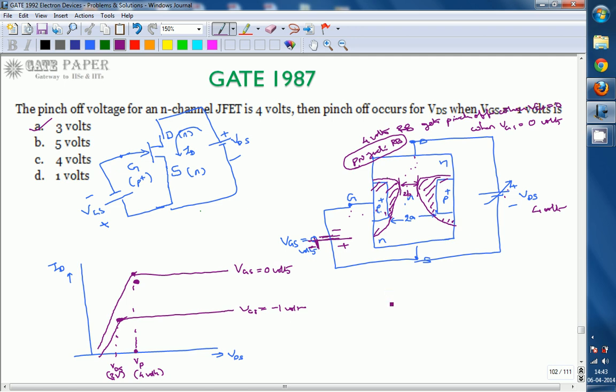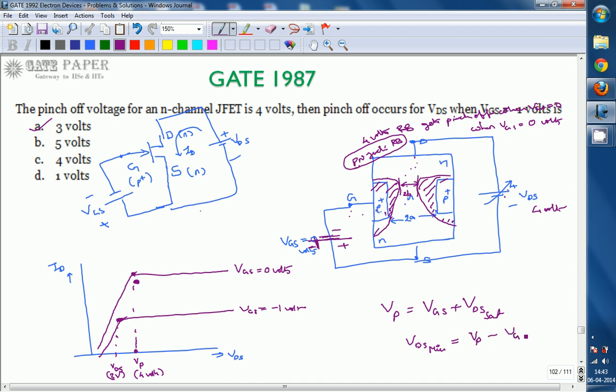We can get the relation like this: VP, the pinch off voltage, is equal to VGS plus VDS saturation. VDS saturation is the value at which the drain current becomes saturated, that is, becomes constant. So this is the minimum possible, so we can write it as VDS minimum, the minimum amount of VDS required to get the saturation condition and constant current, which is VP minus VGS.